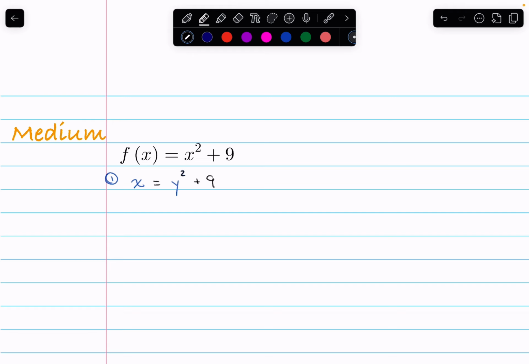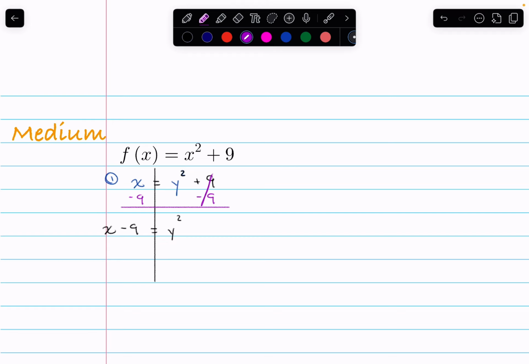Now I'm going to solve for y. Draw my line down the middle. I'm going to subtract 9 from both sides. 9 minus 9 is 0. And I'm left with y squared equals x minus 9. Can't combine like terms. Okay.